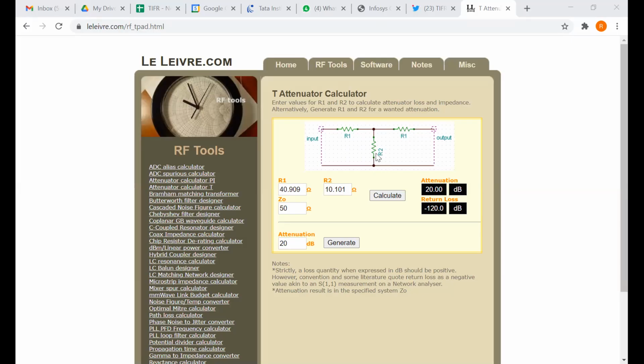But then as R2 becomes small, R1 plus 50 ohms is going to be a much larger resistor in parallel with R2. So the effective resistance between these two terminals will just be R2. So it makes sense that R1 plus R2 must already be close to 50 ohms to give you minimal reflection.